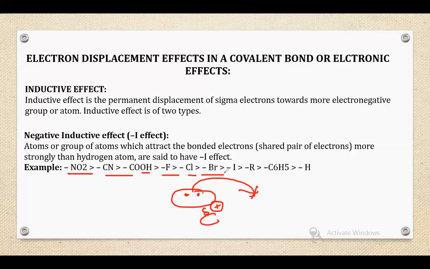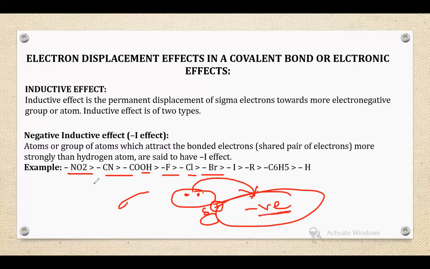So this leads to the formation of the negative inductive effect. Are you getting? Inductive effect is a permanent displacement of sigma electrons, shifting towards the more electronegative group.